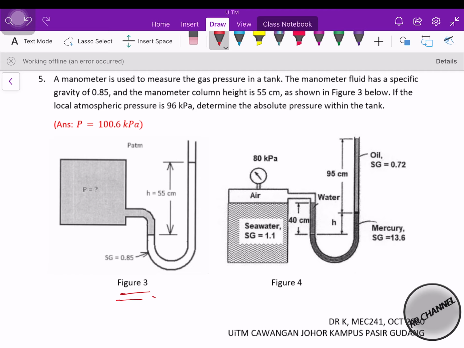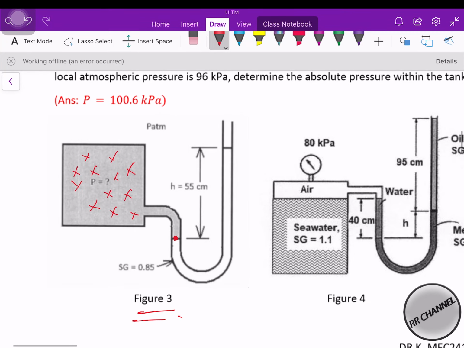Okay, so this tank basically contains a gas. It already mentioned here, gas means that at every point here your pressure, we consider as the same until it reaches the boundary between this gas and the fluid.